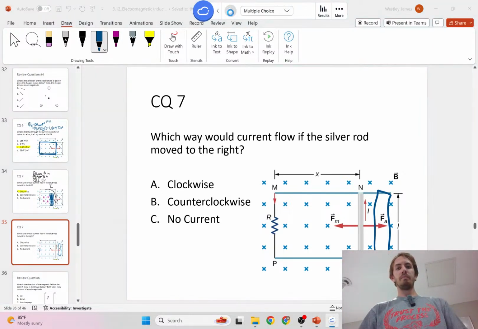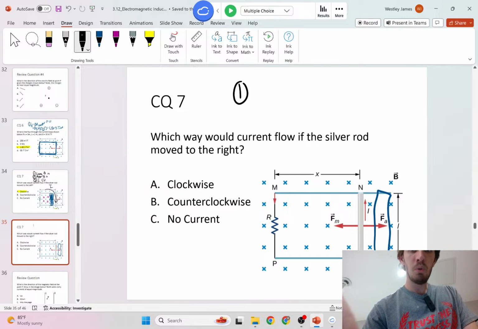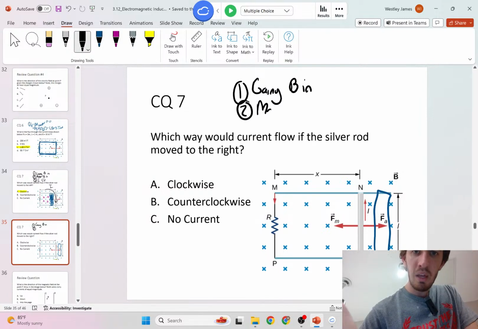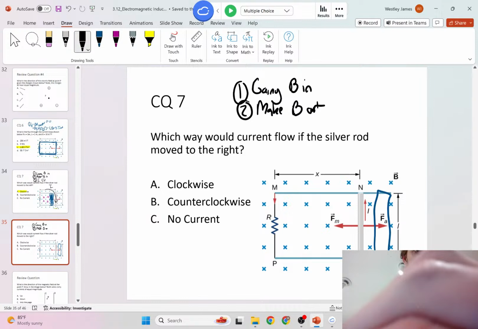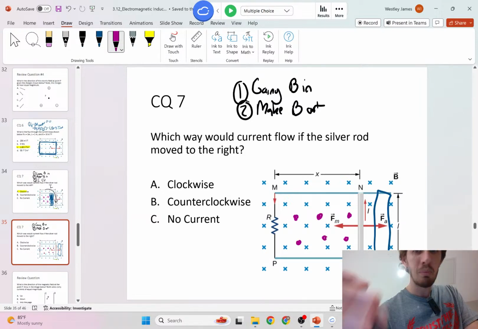All right. So, the rod moves to the right. I get more, so I'm gaining B that's in. So I'm going to make B that's out to oppose that, however much it may be.